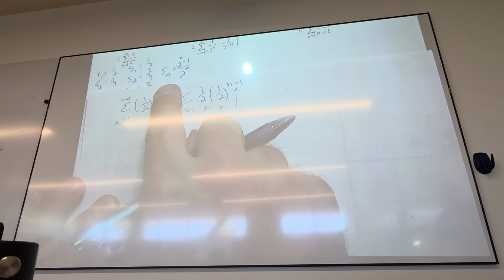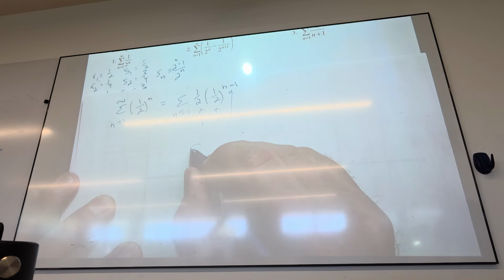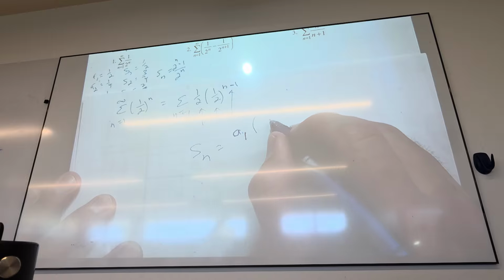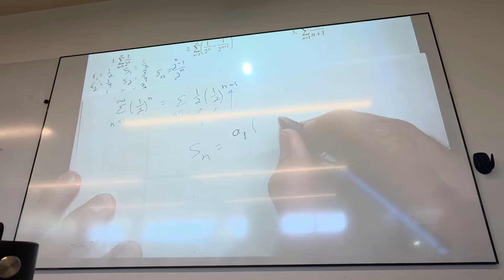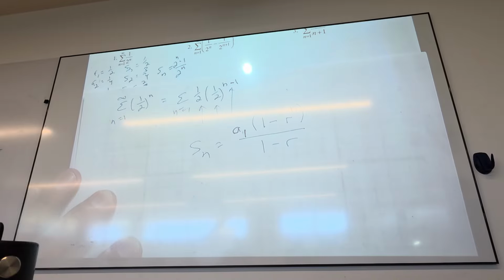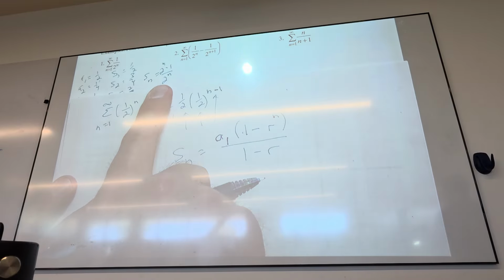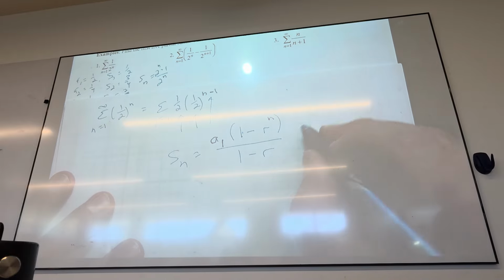So, just to recover what we got here, who's got the SN formula in general? For SN, A1 times 1 minus R to the N, over 1 minus R. Good. So we recover what we just got up here. It better be the same, or we can throw this all out and leave.